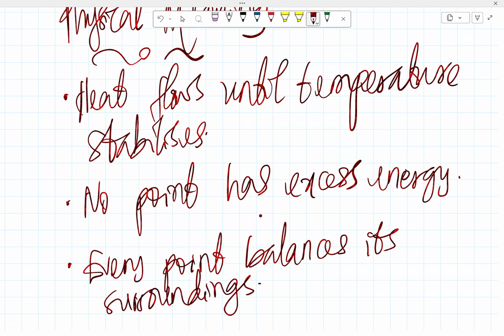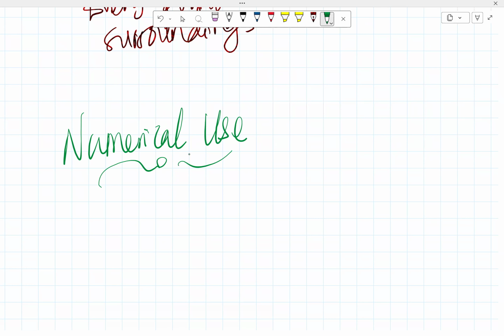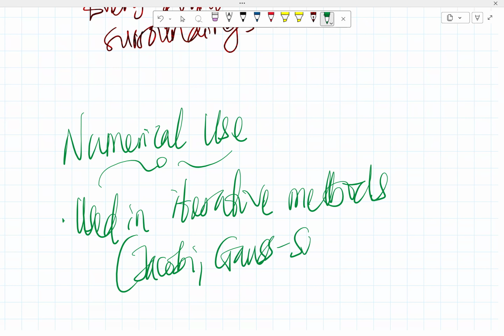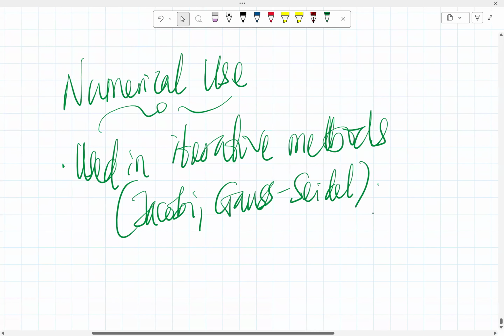Then we can talk about the numerical use. First of all, it is used in iterative methods like Jacobi and Gauss-Seidel. Interestingly, I've done all of this under my playlist on numerical analysis.